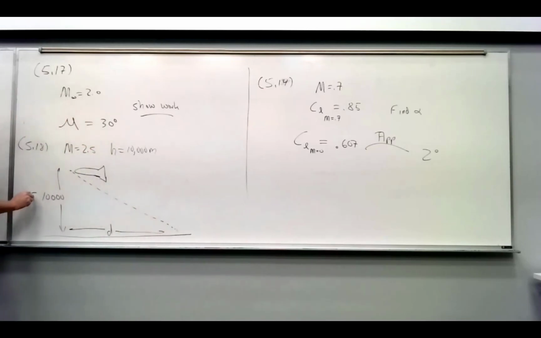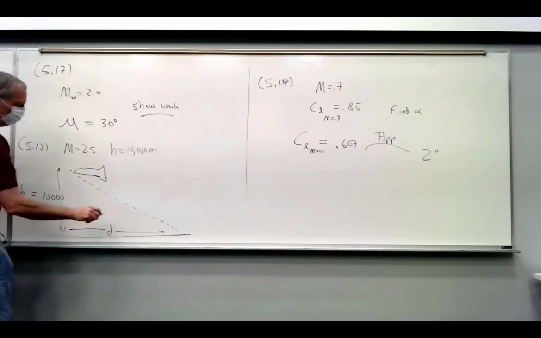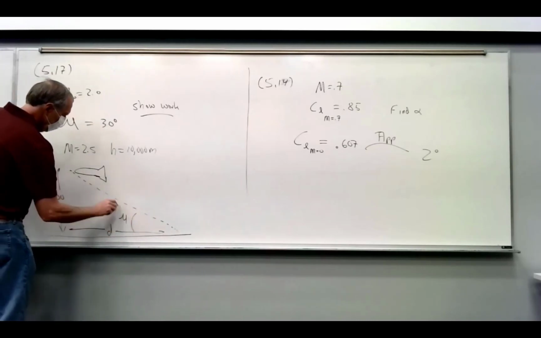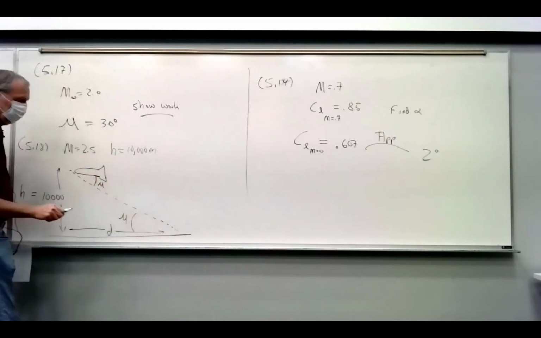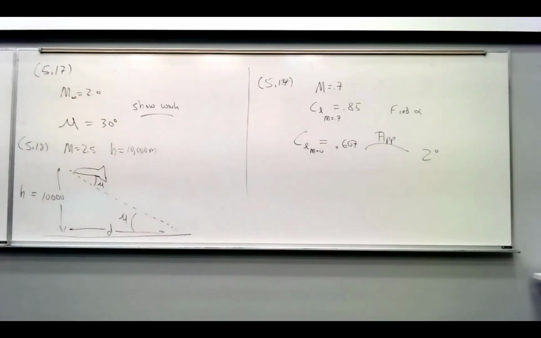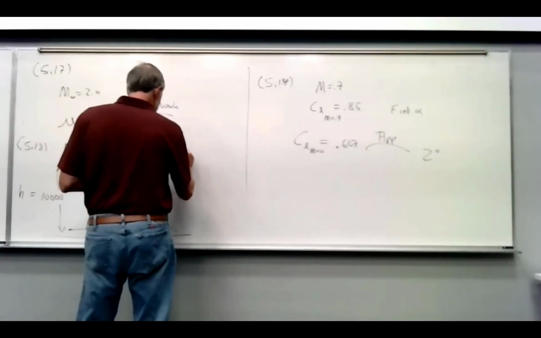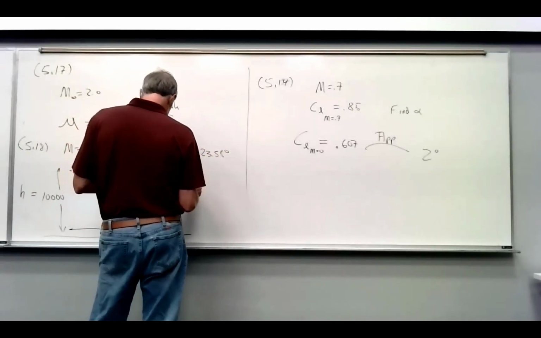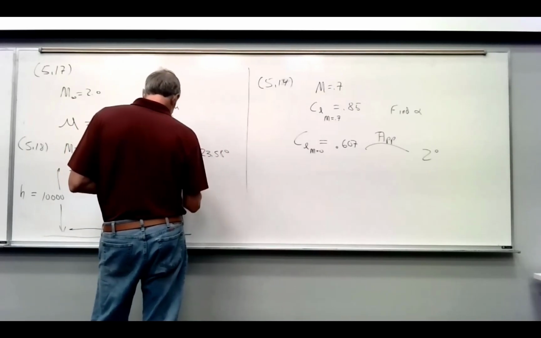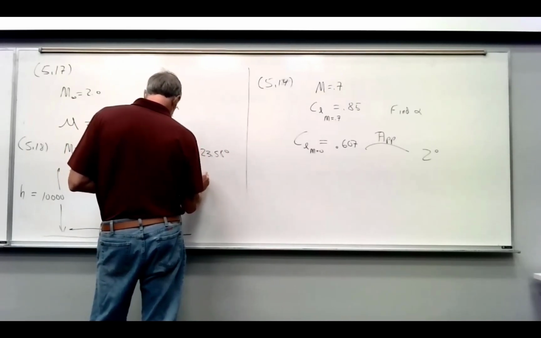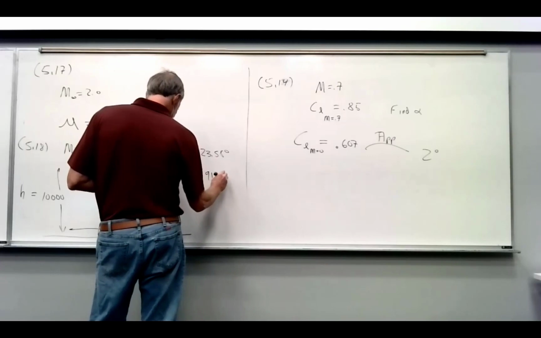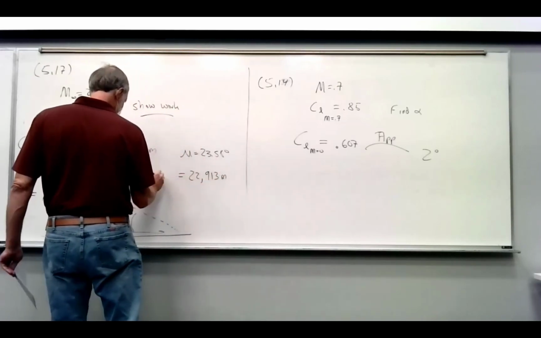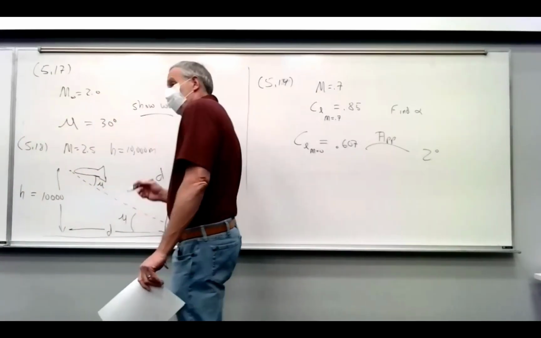So there's the altitude. So it's a trig problem, and you need to know this angle, and this angle is mu. So for that Mach number, you get a value of mu, 23.58 degrees, and then you should get 22,913 meters for that distance.